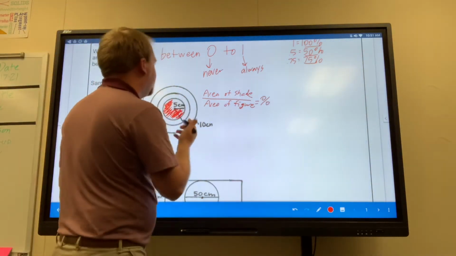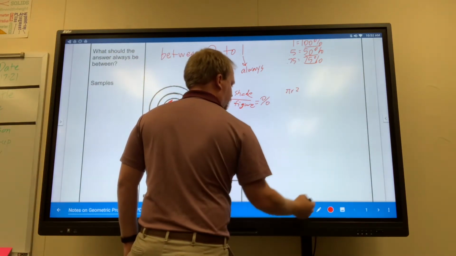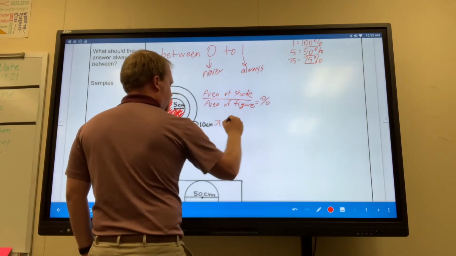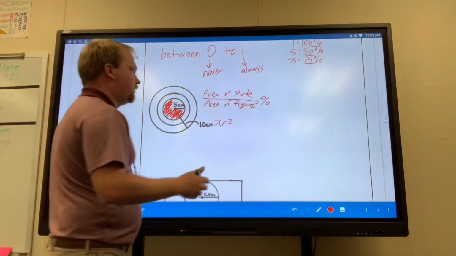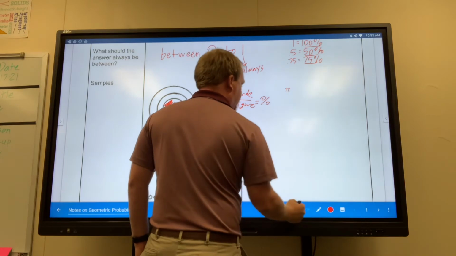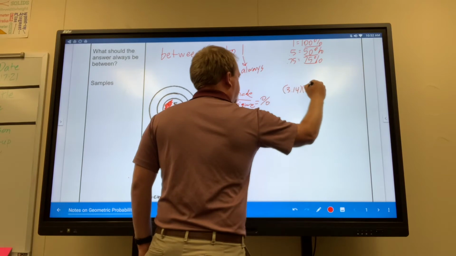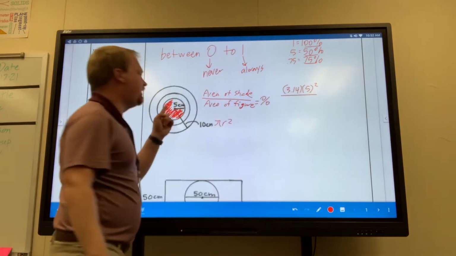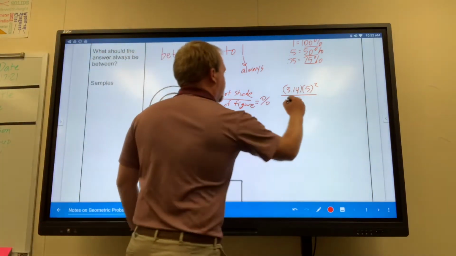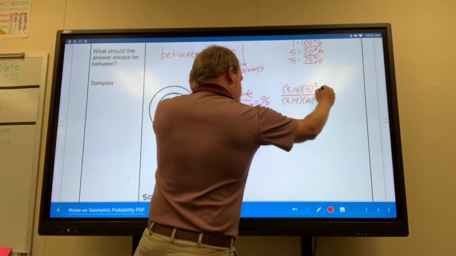For example, I know it's going to be pi r squared for the circle. Pi r squared is the area that I'm looking for. So I'm doing 3.14 times 5 squared, because that's the area of the shade. All right? Now the area of the whole circle is 3.14 times 10 squared.